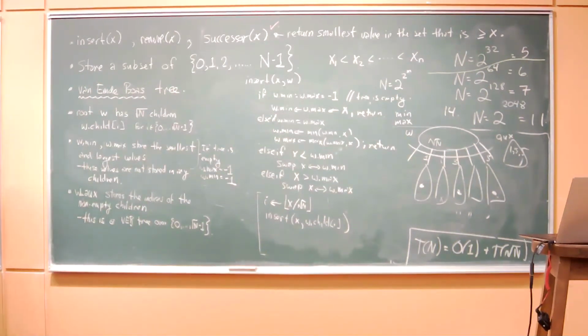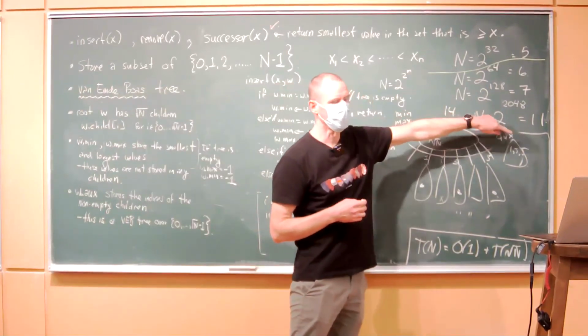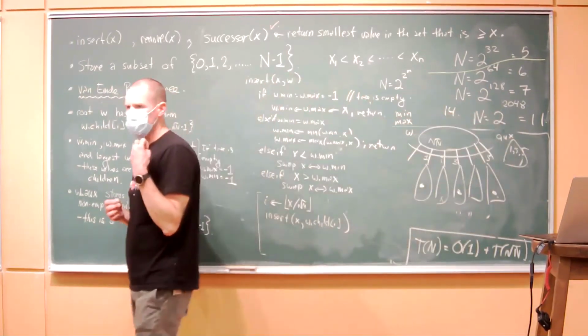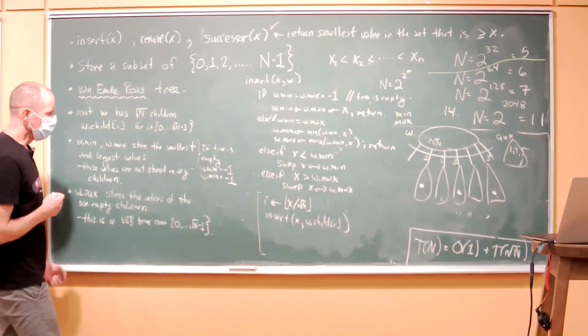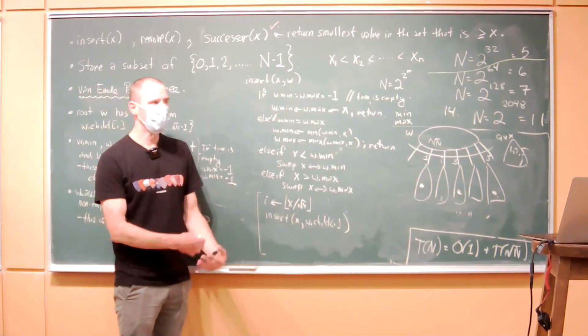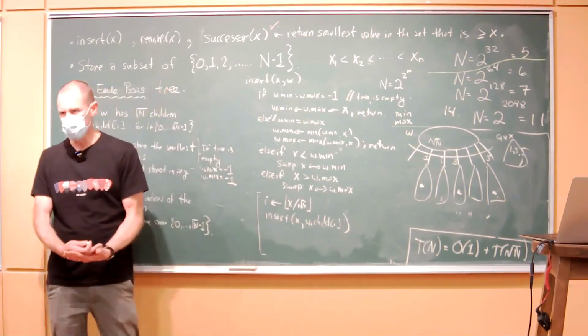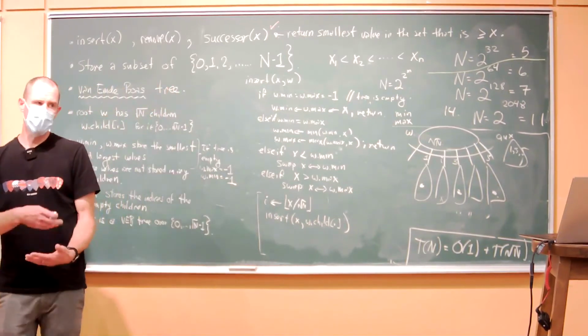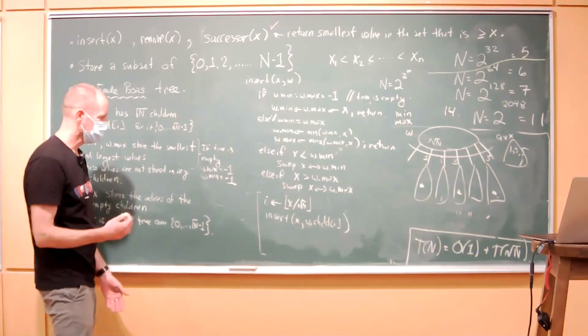Okay, so we're not done because we have what has now become an annoying aux structure, which is supposed to keep track of the trees that are non-empty. We just inserted into the ith child. We didn't check if it was empty or not empty before. So it could have been empty before, in which case it's now non-empty, in which case the value i needs to go into aux.